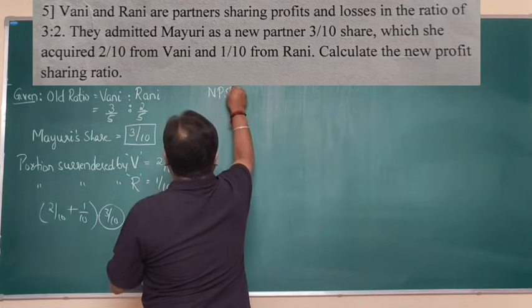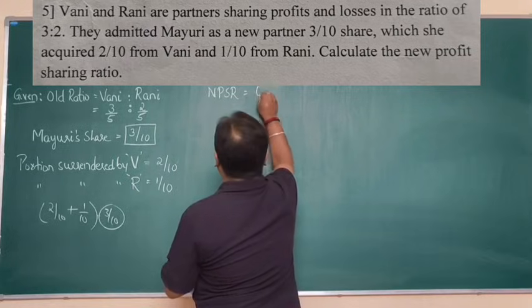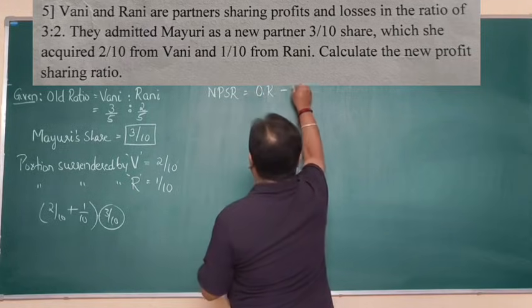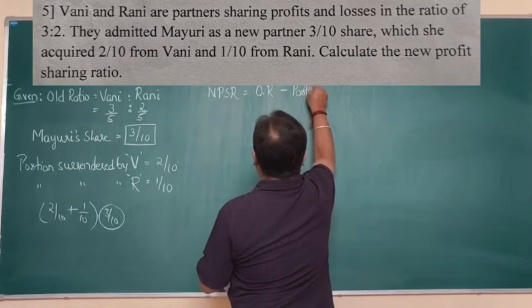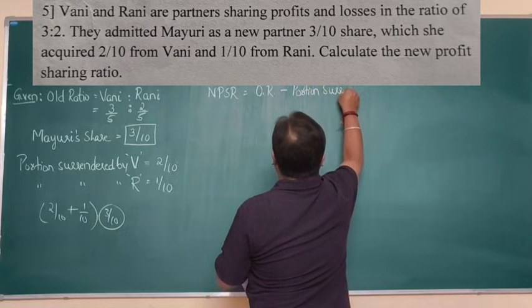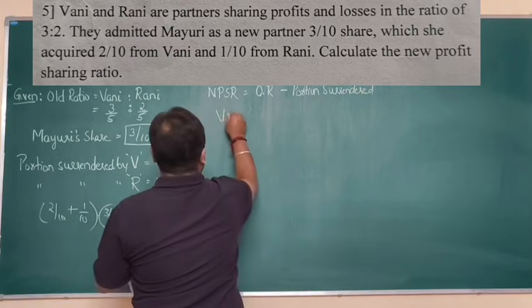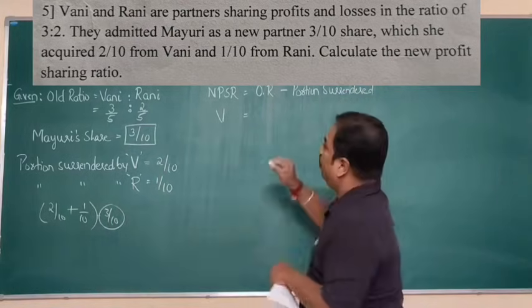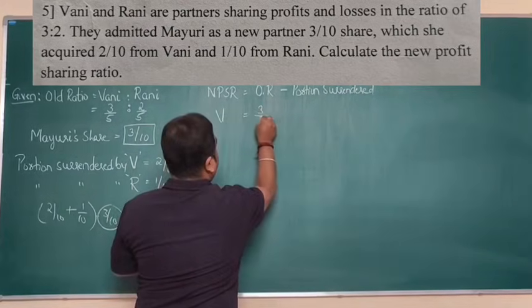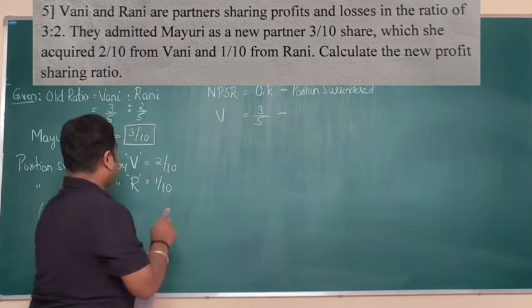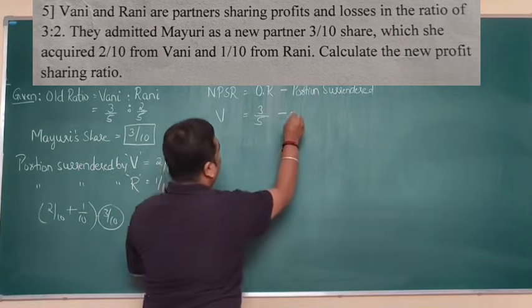Formula: NPSR is equal to old ratio minus portion surrendered. Vani's new ratio is equal to old ratio 3 by 5 minus portion surrendered 2 by 10.